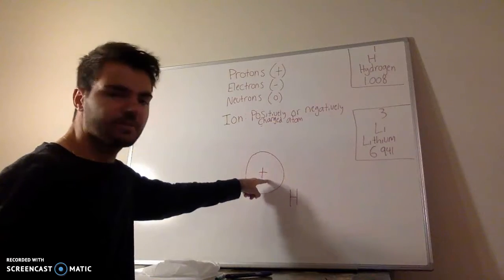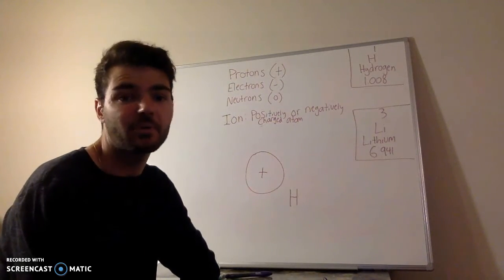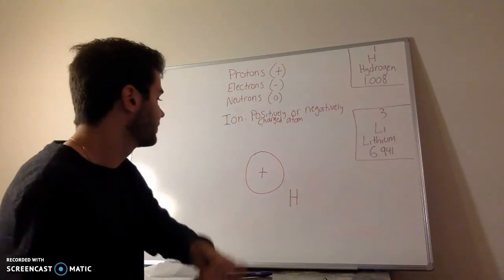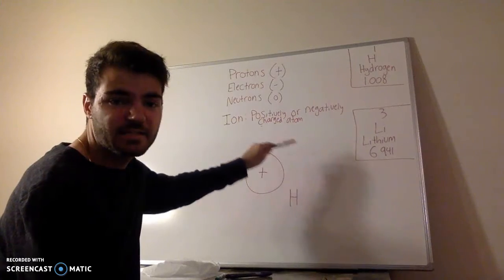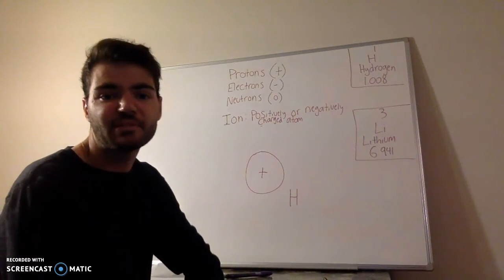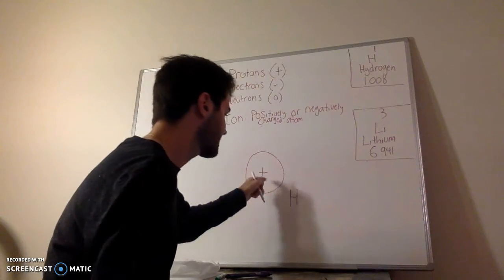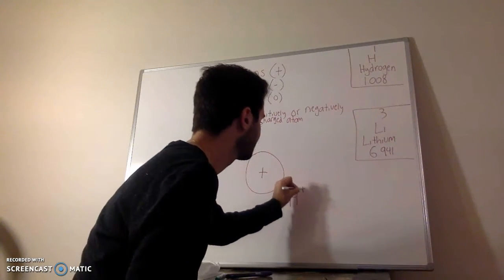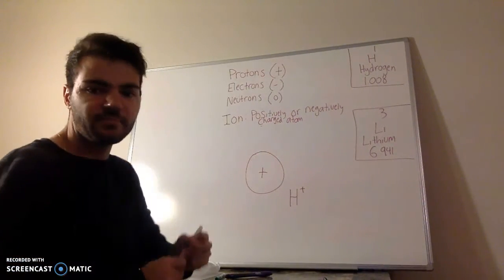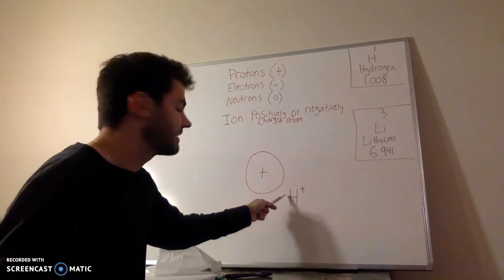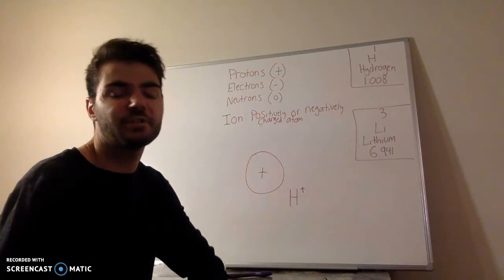And all we have here is just a proton. So right here we have 1 proton, 0 electrons. So that means we have a positive charge of 1. So this ion of hydrogen would be H positive. This is a positive ion of hydrogen.